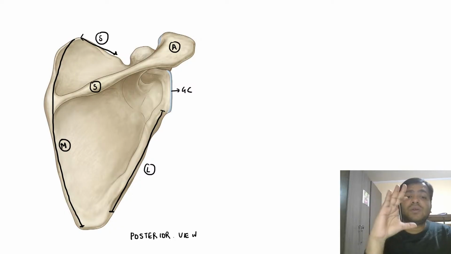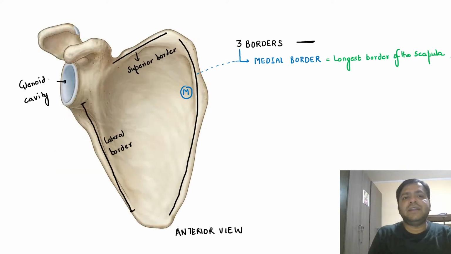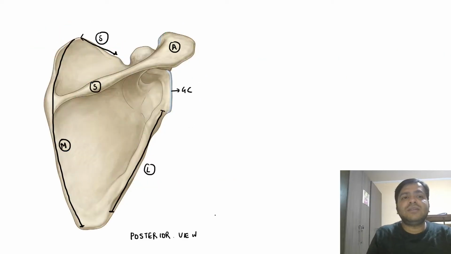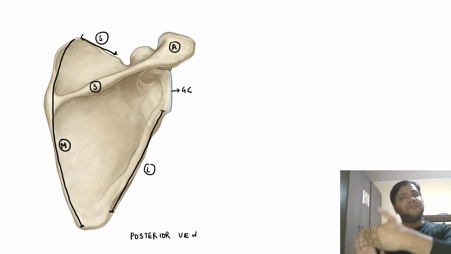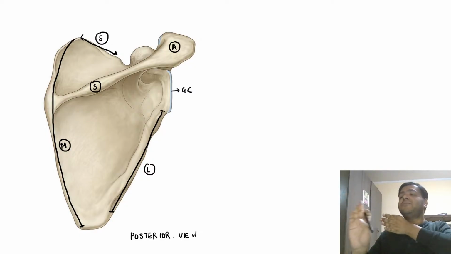Now, guys, you can see the medial border from the anterior view also, and from the posterior view also. The border is the same, but we have two different views. We can see this border from the front and from the back.